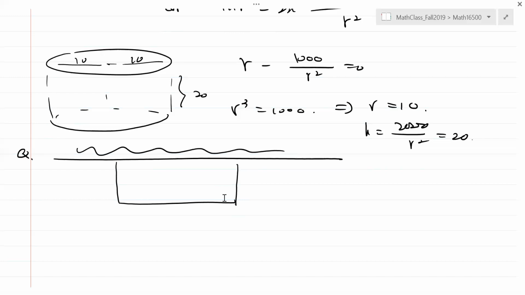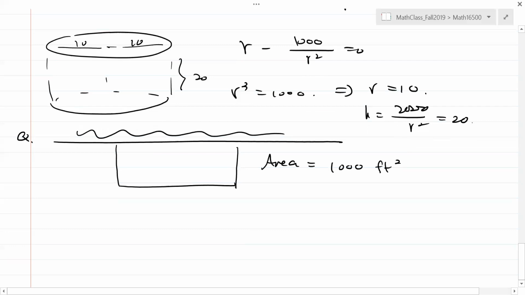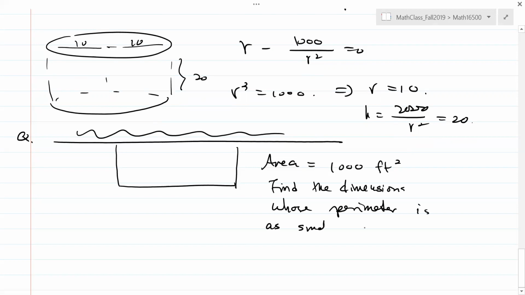I know this area should be 1,000 square feet. I want to find the dimensions so that the perimeter is as small as possible.